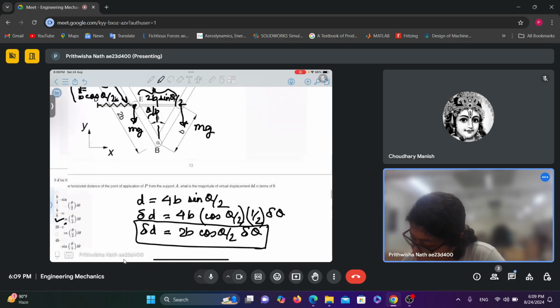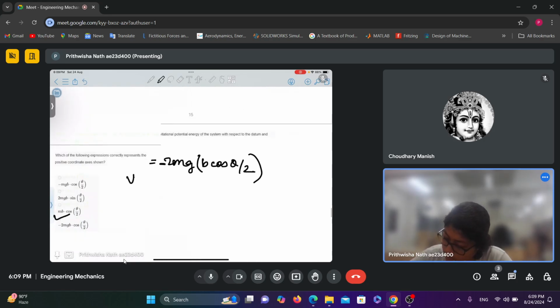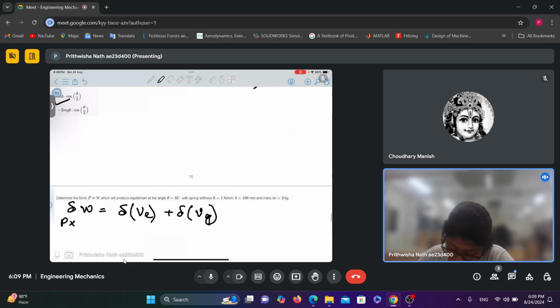Delta d. It is 2b cos theta by 2 delta theta, right? So P into 2b cos theta by 2 delta theta equals to del of potential energy stored in the spring.